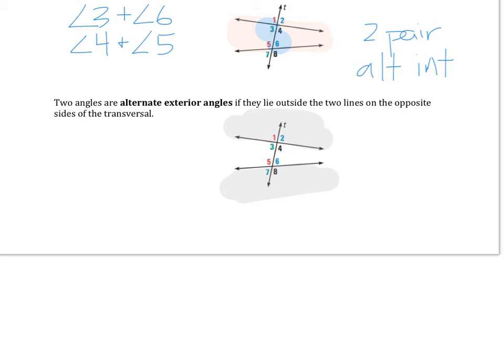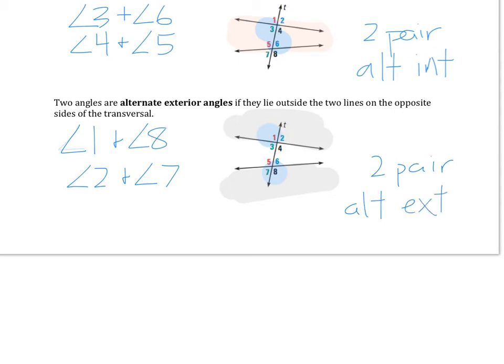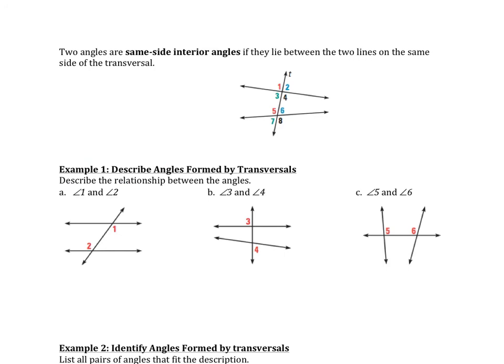So 1 and 8, and 2 and 7. 2 pairs of alternate exterior angles. And then we have one more pair.